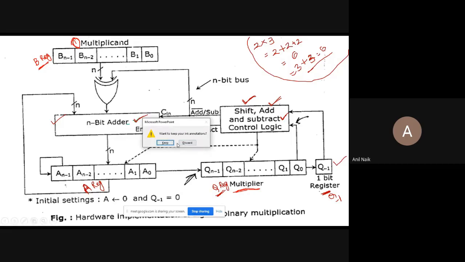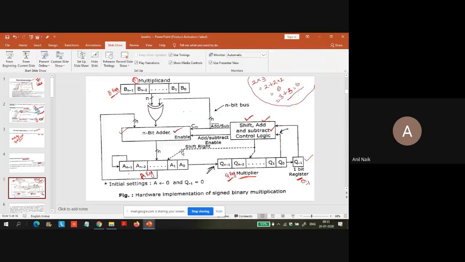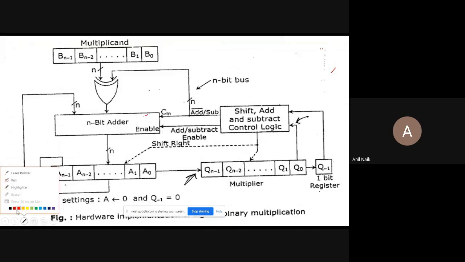I will explain once again. To perform the multiplication using Booth's algorithm, you require two numbers, the multiplicand and the multiplier. The multiplicand you store in the B register and the multiplier in the Q register.